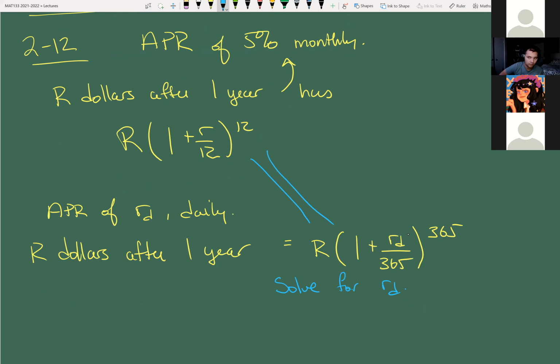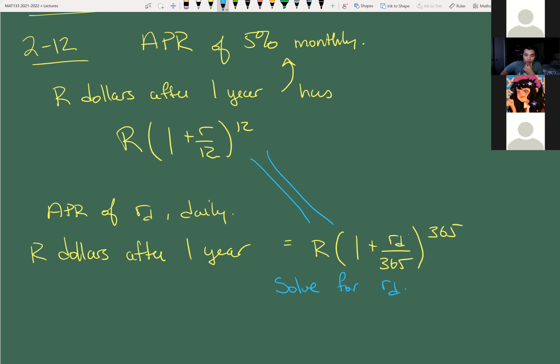Does that make sense? How we actually got that? Right, and that's how you do it. I'm going to leave the solving for you. Hopefully you can do that. It's algebra. You take a 365th root in order to solve for it. And so if you want to practice, I could have said, what is the effective weekly rate?